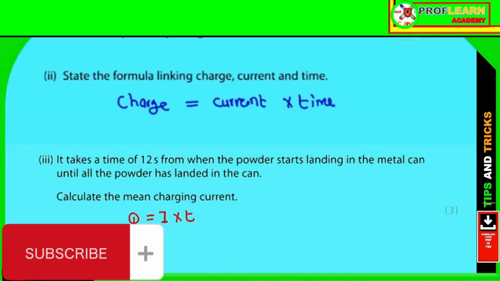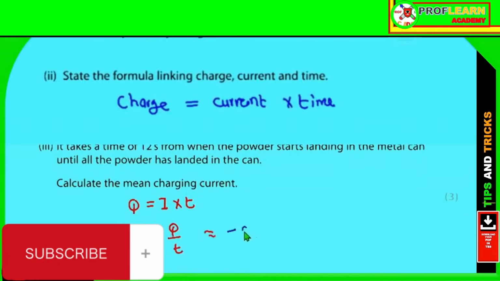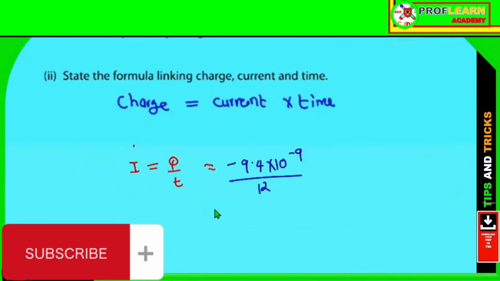So the mean current is going to be charge divided by the time taken: -9.4 times 10 raised to -9, divided by the time taken, which is 12 seconds. Working this out, we get 7.8 times 10 raised to -10 amperes.